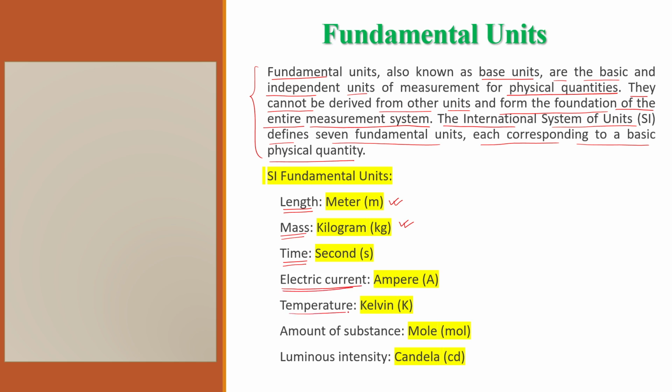Kelvin represents the fundamental quantity temperature, and mole represents the fundamental quantity amount of substance. Candela represents luminous intensity. So these are the 7 fundamental physical quantities which are represented by different base units. Okay, so we now know all the base units of SI system.